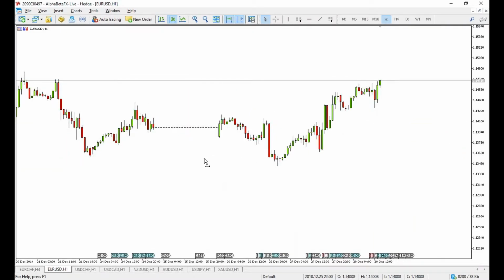Let's see if we can find a spinning top. The more you practice your eyes to find this candlestick in the market, the more you will be a good trader. So as we can see here, the market has a spinning top exactly here.